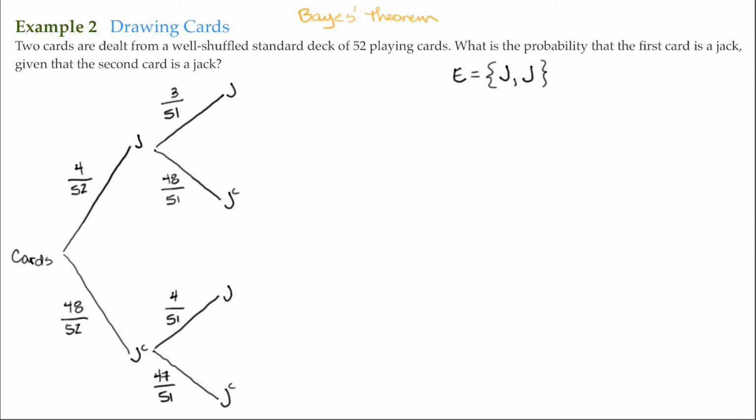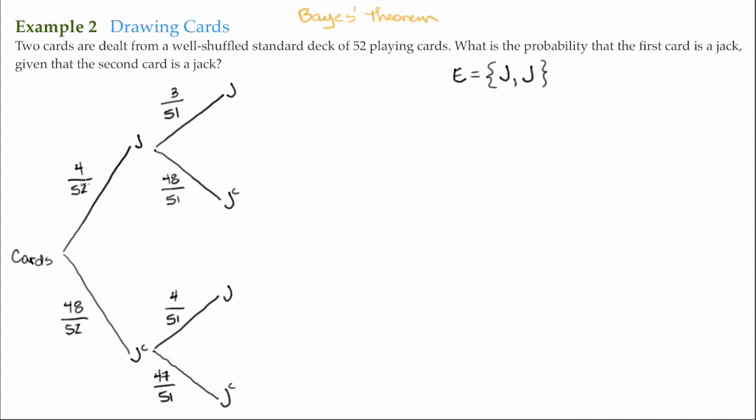Now that I have my tree diagram set up, what is the probability that the first card is a jack, given that the second card is a jack? Well, here's the second card. This column represents our second card. Here is a jack here, and here is a jack here. So what's the probability of this occurring?